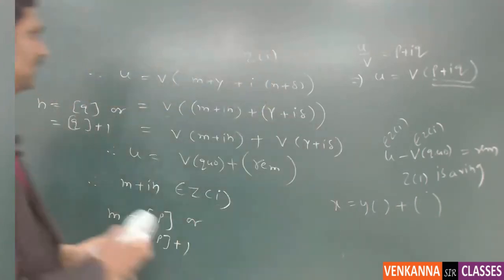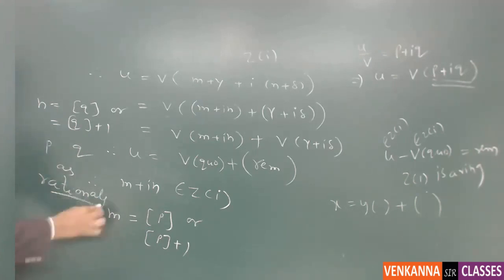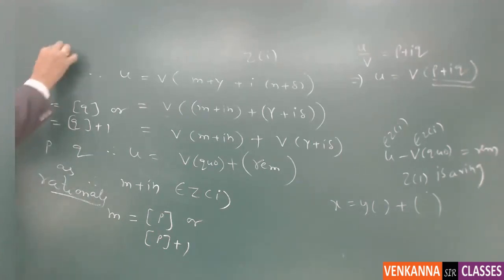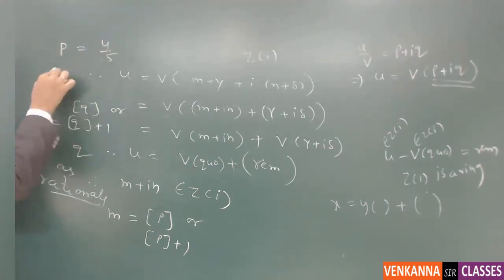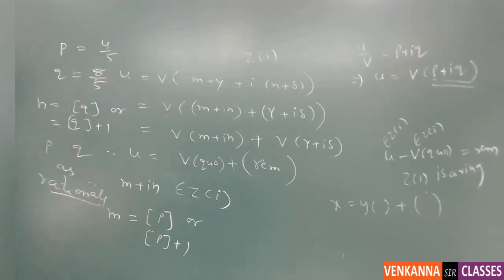Just understand one thing, that actually you are taking p and q values as rational values. So you are going to represent them not in the form of decimals, but in the form of p by q, the rationals form. So if you take p is equal to 4 by 5 and q is equal to, let me say, 7 by 8, or 8 by 9, or 8 by 5.